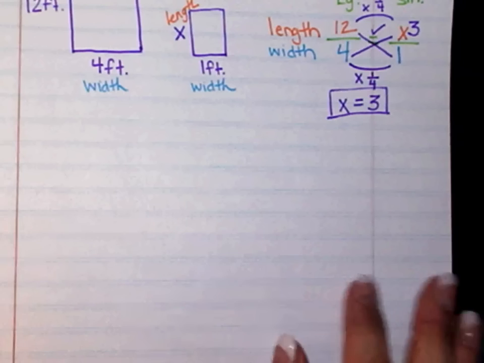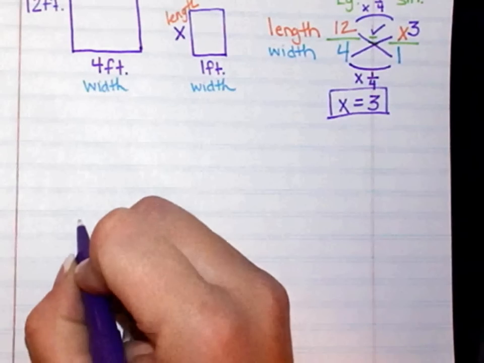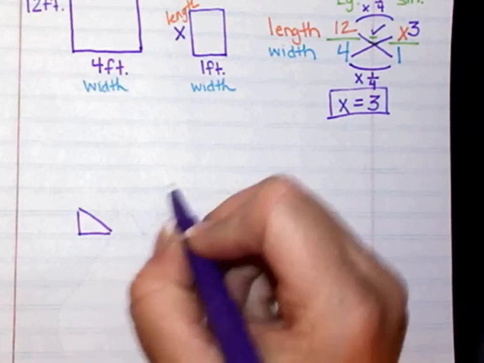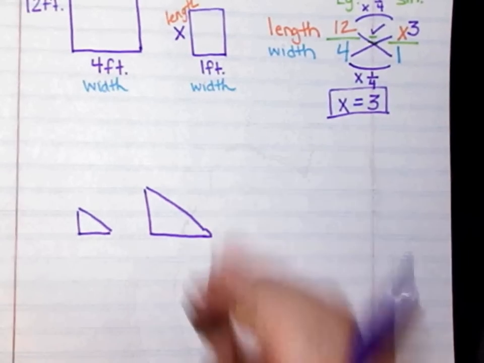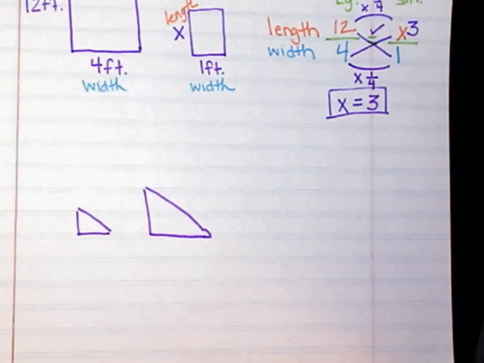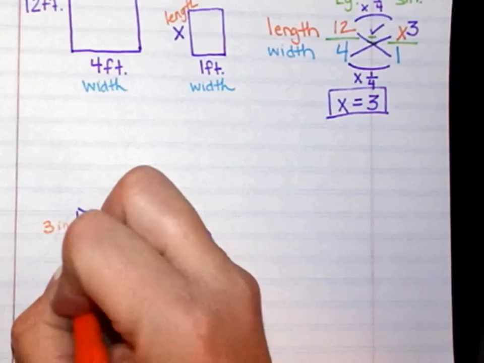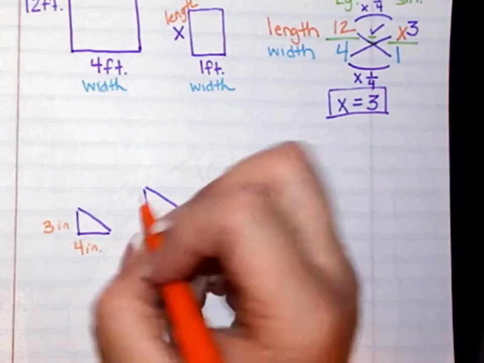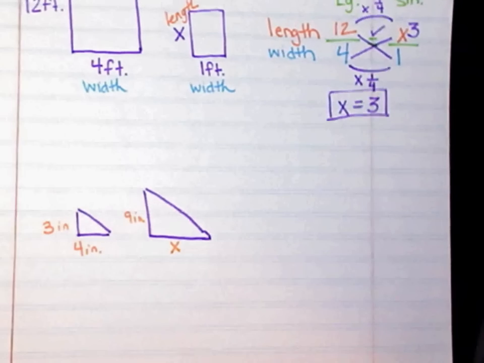Okay, let's look at triangles. This time I'm going to make a small triangle and a large triangle. And we will do 3 inches by 4 inches and 9 inches by, we don't know.